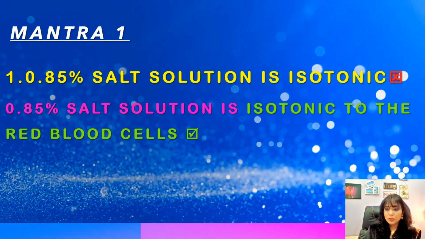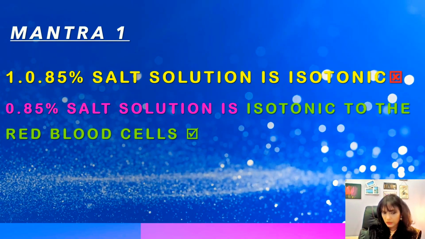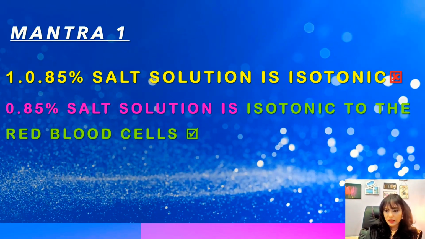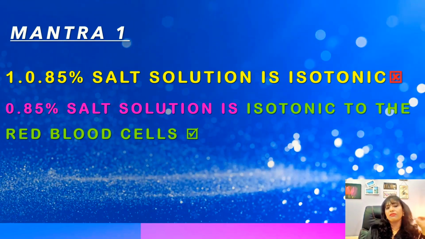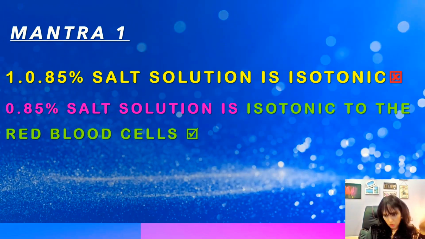They do not stand on their own, and they do not bring any meaning if you do so. You always have to compare them with the cell or the other system. So the best way to write this is: 0.85% salt solution is isotonic to the red blood cell. Note that.